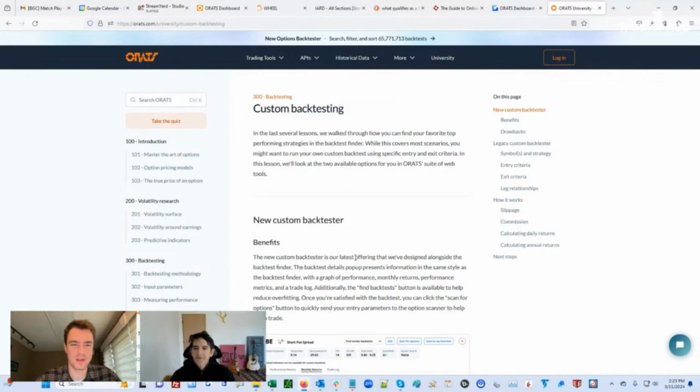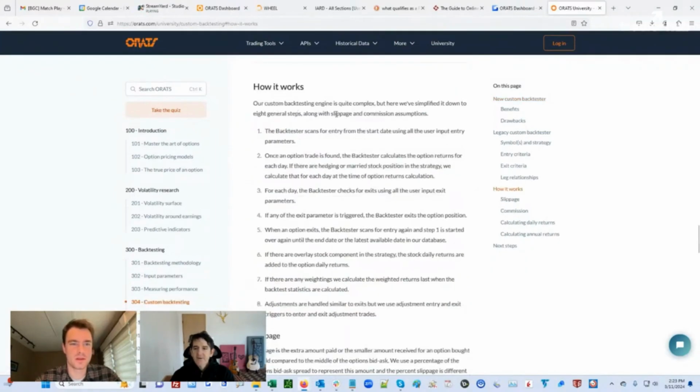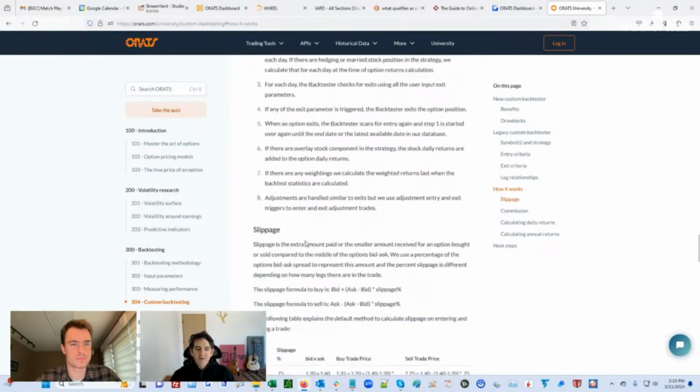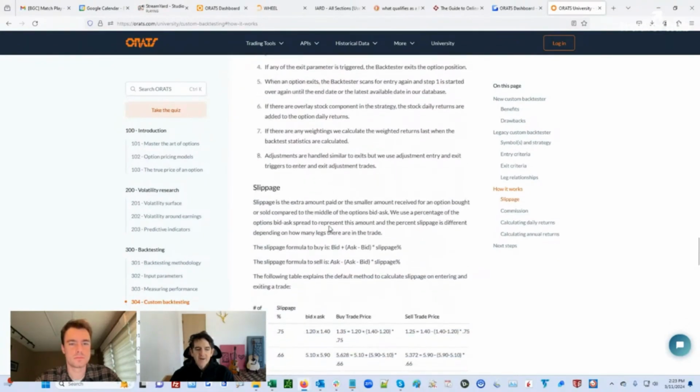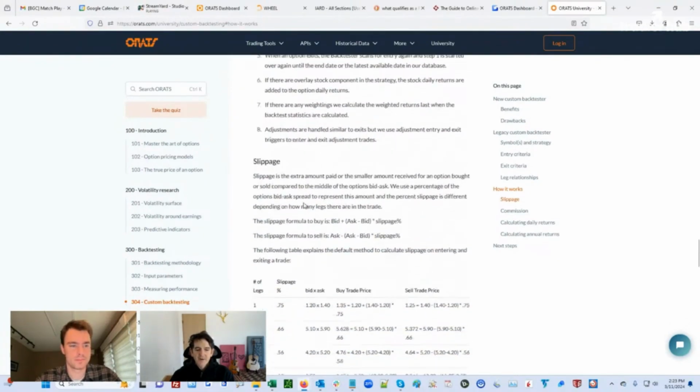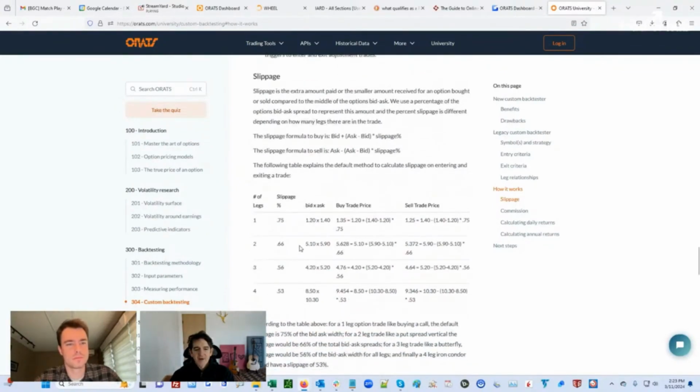Great overview. I just wanted to add that slippage and commission down there, how it works. Not only is there all the information, but then how the actual backtester works. What is the slippage, and this is based on a lot of history and experience.